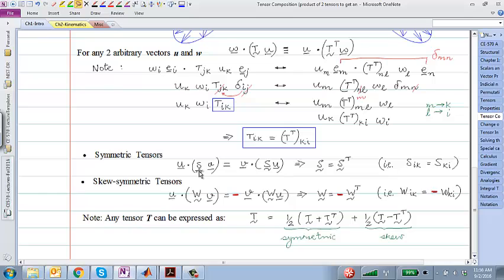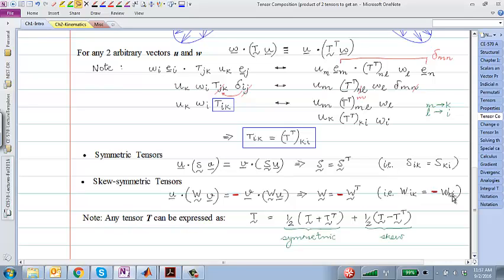And usually we use the symbols S and W for symmetric and skew symmetric tensors. And the property of a skew symmetric tensor, of course, is that if you take the main diagonal, the off diagonal components would be negatives of each other, right?